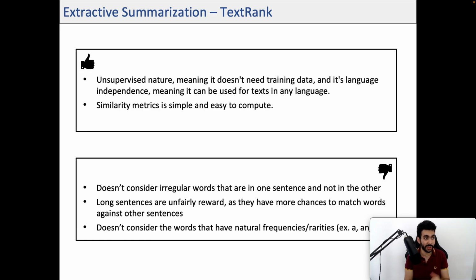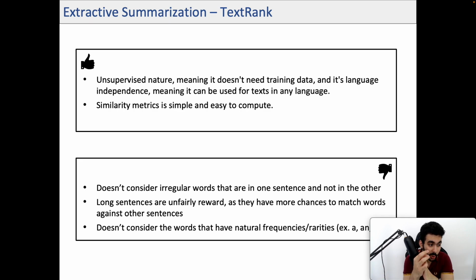Talking about the pros and the cons of TextRank, TextRank, with its unsupervised nature, does not really need training data and is language independent. The whole approach you saw is based on overlaps and similarity metrics, so it can be used for any text in any language, in any form. And the similarity metric is simple and easy to compute. But it does not really consider irregular words that are in one sentence and not in another.